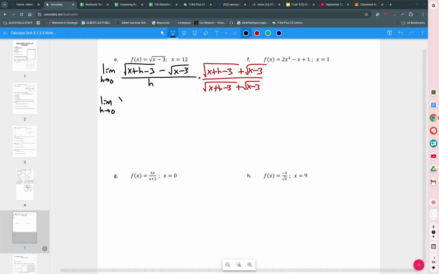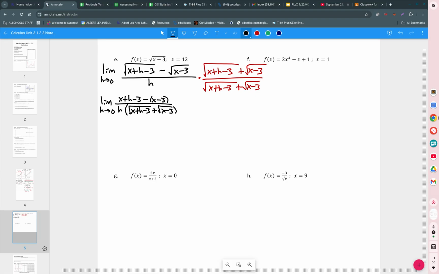X plus h minus 3, minus x minus 3, over, everybody agree the denominator is kind of ugly? We have an h times a quantity: square root of x plus h minus 3 plus square root of x minus 3.